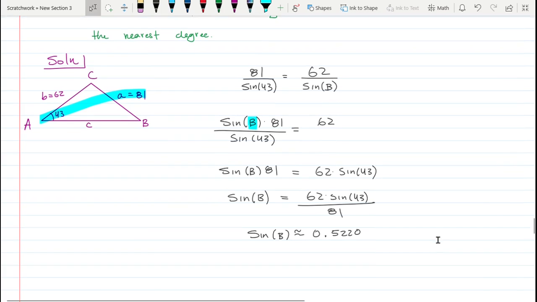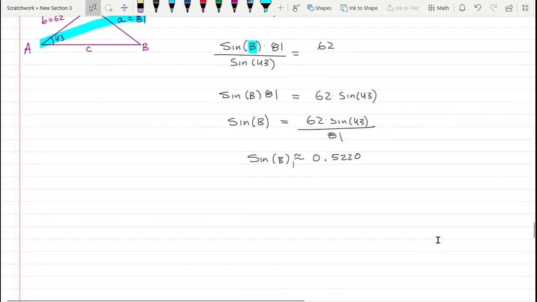So here's where we have to get kind of smart about things. Notice if we think back to the unit circle, sine is positive in the first quadrant and the second quadrant. Okay, so there are two angles between 0 and 180 where sine of B gives us 0.5220.